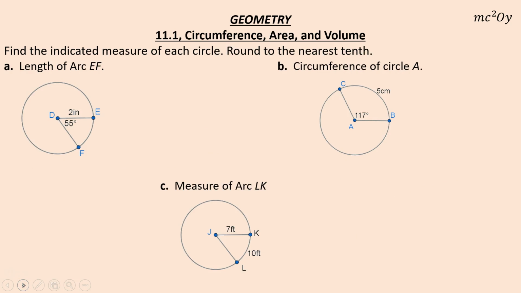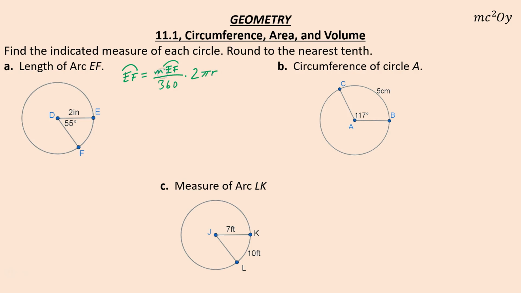So find the indicated measure of each circle, round your answer to the nearest tenth. So we're finding the arc length of EF. So EF is equal to, remember a formula, it's your measure of arc EF over 360 times 2 pi r.